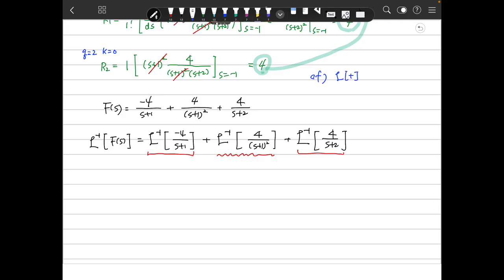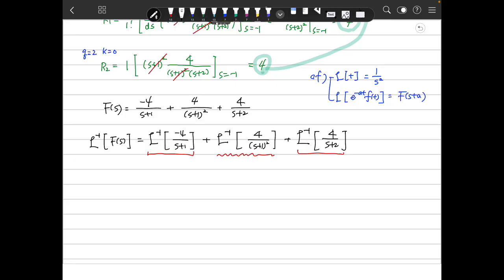The Laplace of t will be 1 over s squared, right? And the Laplace of exponential minus at times f(t) will be F(s plus a). We will use two things.